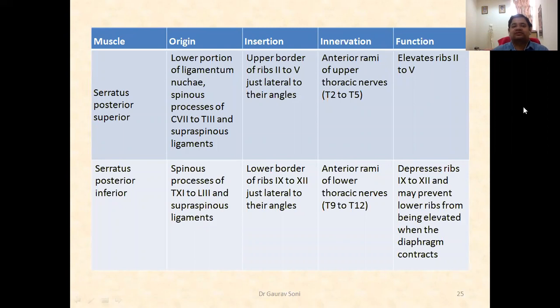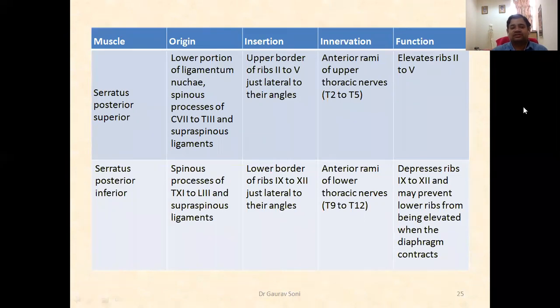The superior one originates from lower portion of ligamentum nuchae, spinous process of C7 to T3, and supraspinous ligament. It inserts into upper border of ribs second to fifth, just lateral to their angles. Innervation is from anterior rami of upper thoracic nerves, anterior ventral, as we discussed last time, and the function is to elevate the ribs second to fifth.